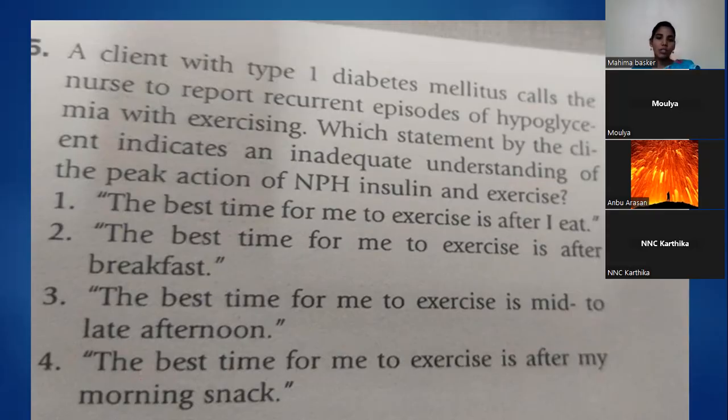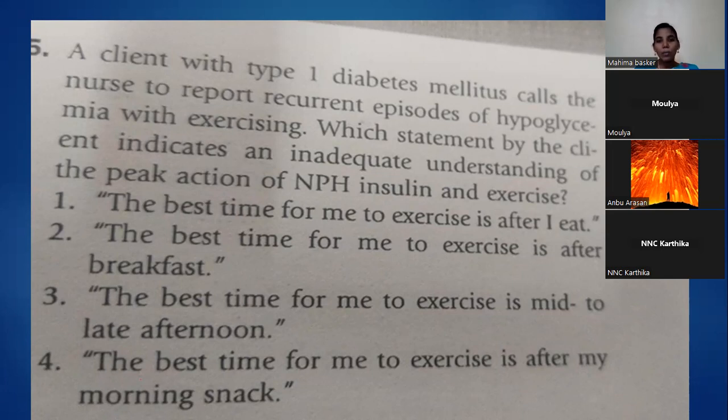So read the question properly. They are asking which will indicate inadequate understanding of insulin and exercise, so something the patient is telling wrong. That is the answer.